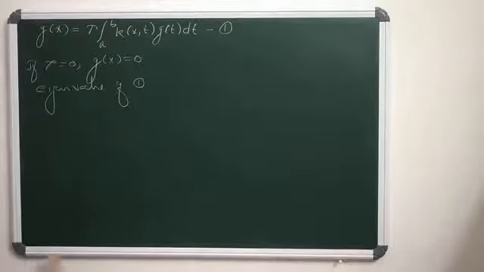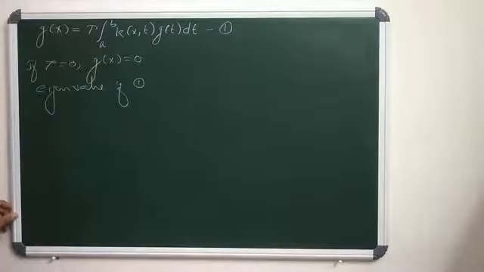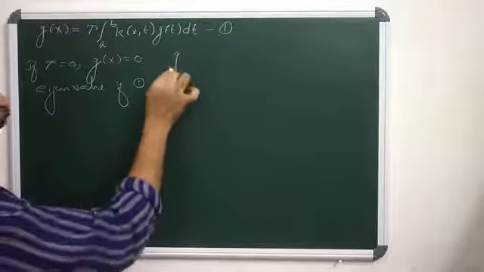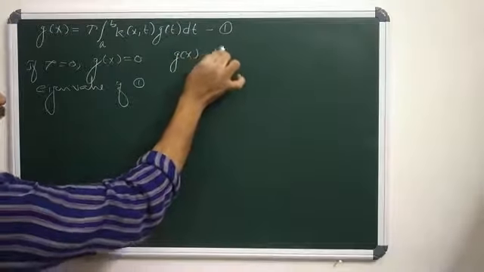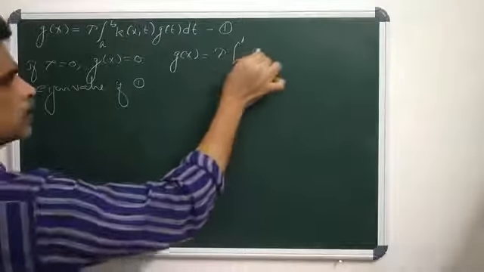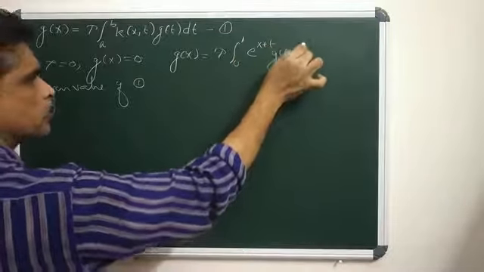Now let us discuss how to find the eigenvalue and the corresponding eigenfunction of the given Fredholm integral equation. Consider an equation: find the eigenvalue of the equation g(x) = lambda integral from 0 to 1 of e^(x+t) g(t) dt.